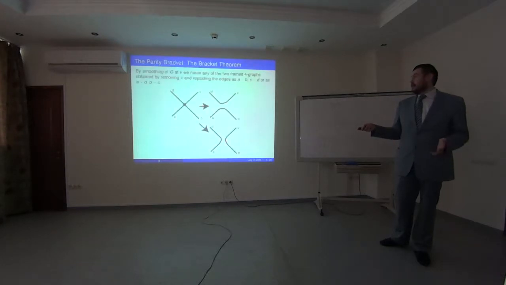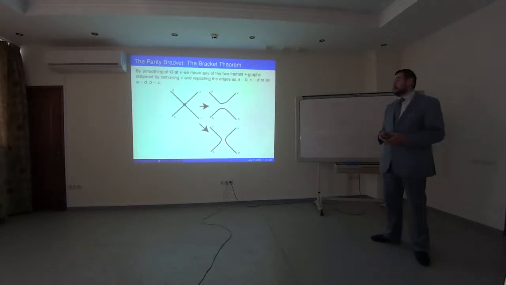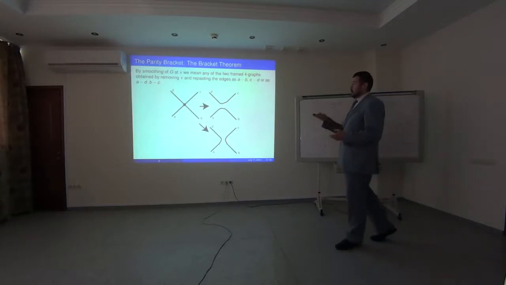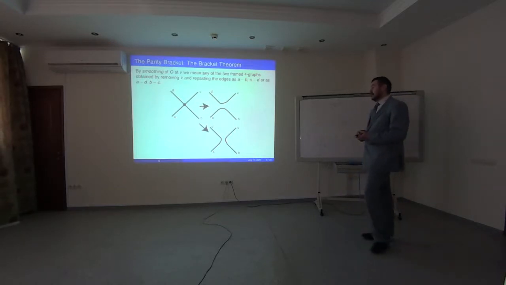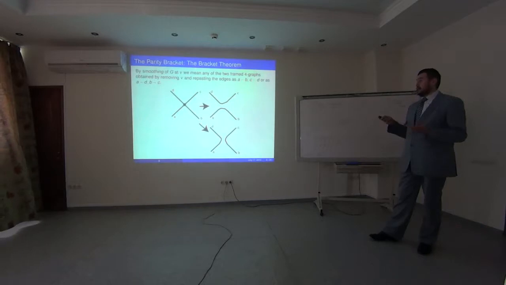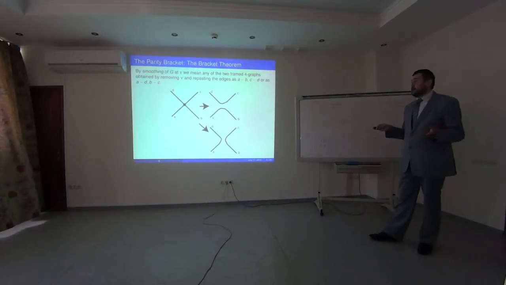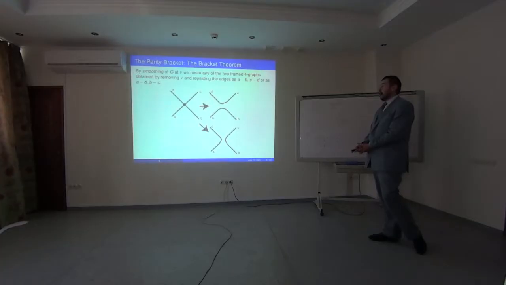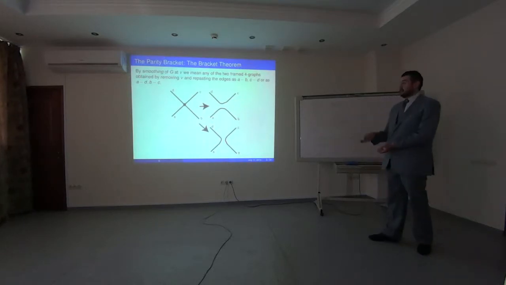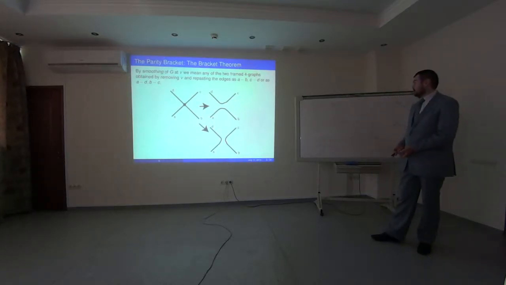Now I'm going to tell about the main tool, and I'm somewhat repeating what was said last week. To have the invariant which proves that theorem, I will need smoothings. They are similar to those smoothings coming from the Kauffman bracket, like that.